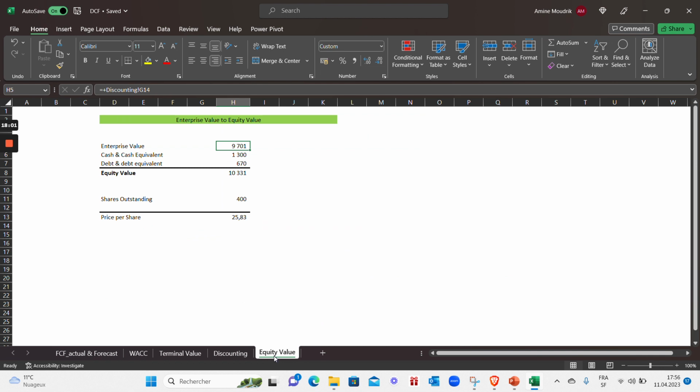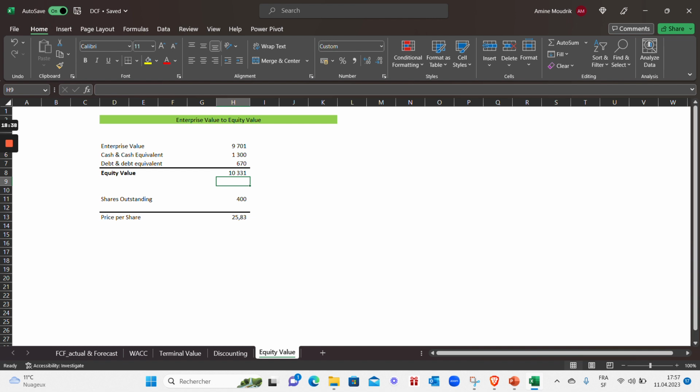So if we go back to our example here, we get our enterprise value from what we've calculated earlier. Our cash and cash equivalents is an exception, same here for debt and debt equivalents. By calculating this, we're taking our enterprise value plus our cash and cash equivalents minus our debt and debt equivalents. This gives us an equity value of 10,331.